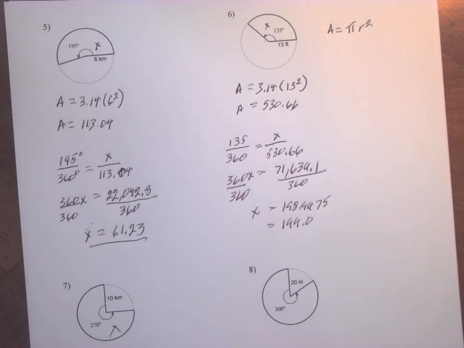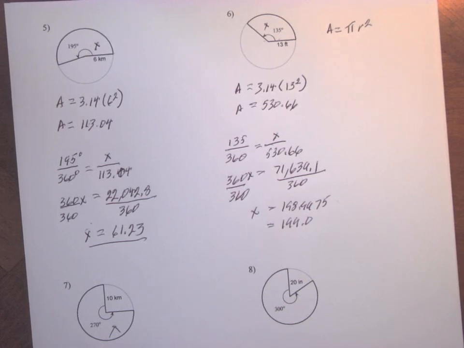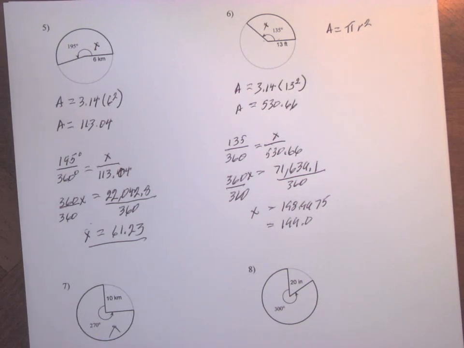So it's 84,780. If I divide by 360, I get x is equal to 84,780 divided by 360, 235.5.